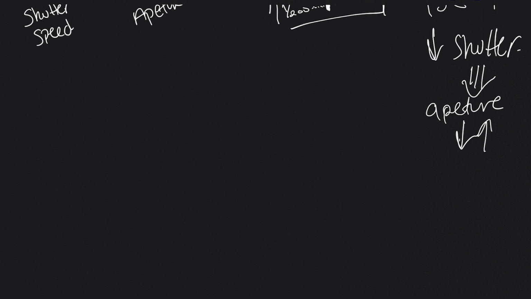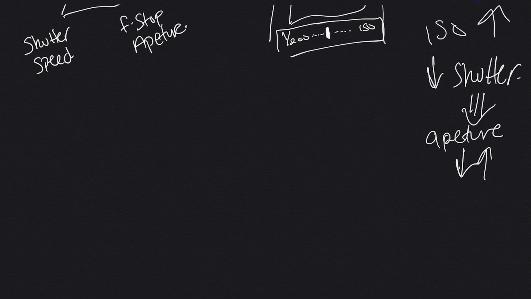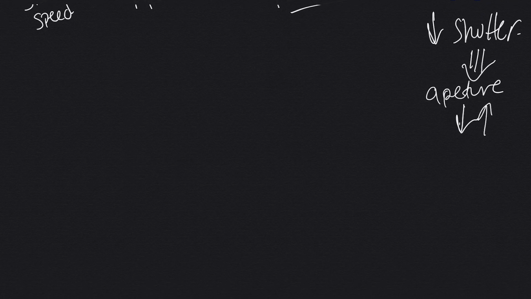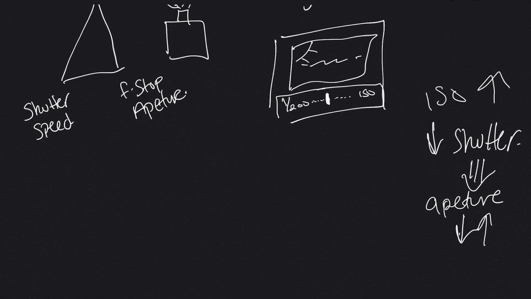The other thing that you'll see when you're in auto mode is that it typically puts the photo in a JPEG.